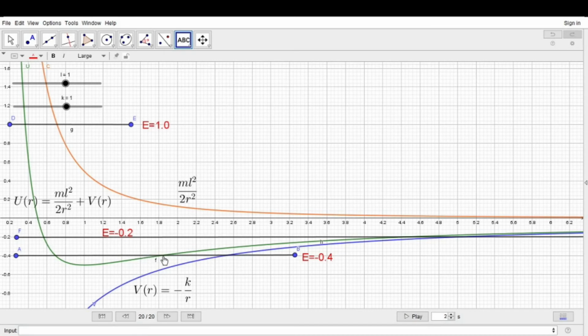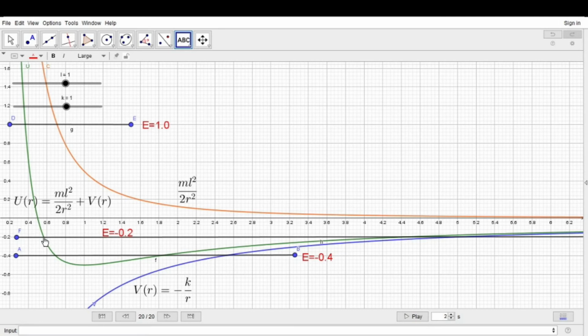And so the range of the particle's motion in r goes from this point, which is at about 1.8, to this point, which is about 1.7, and those were the two numbers we calculated for an energy equals minus 0.4. This is an ellipse with an apogee of 1.8 and a perigee of 1.7, or a pericenter and an apocenter.